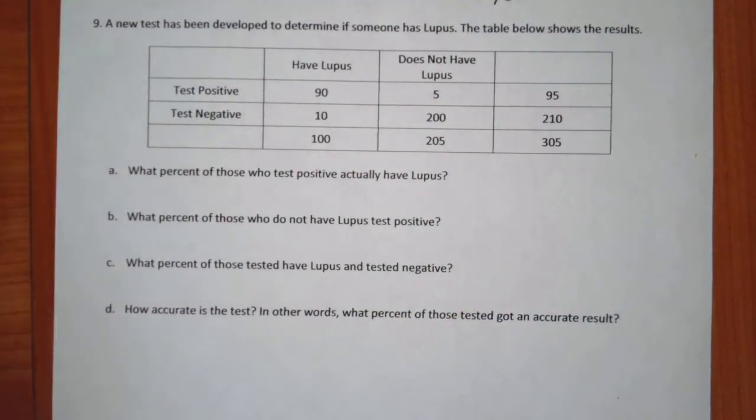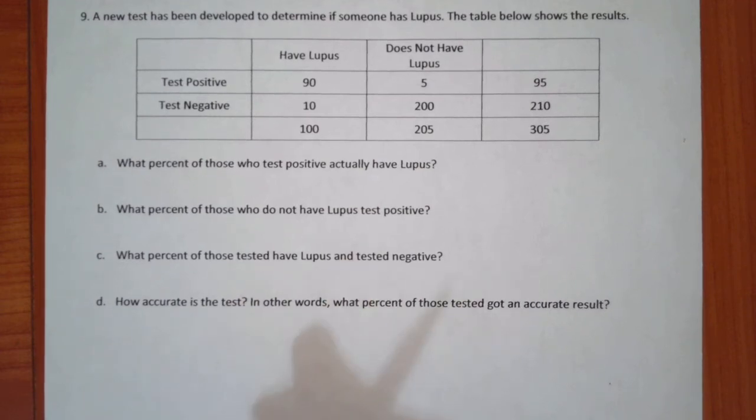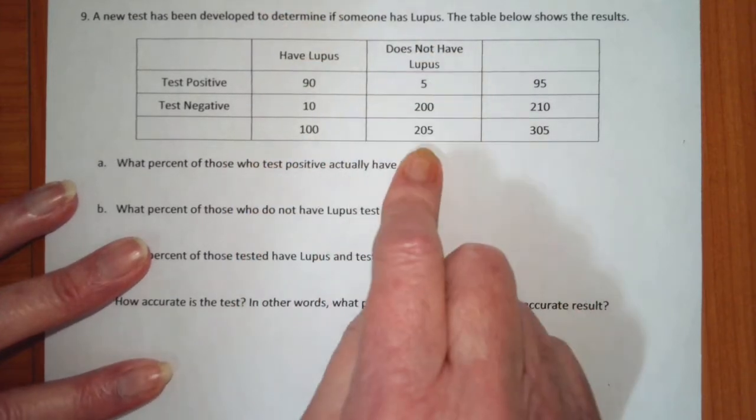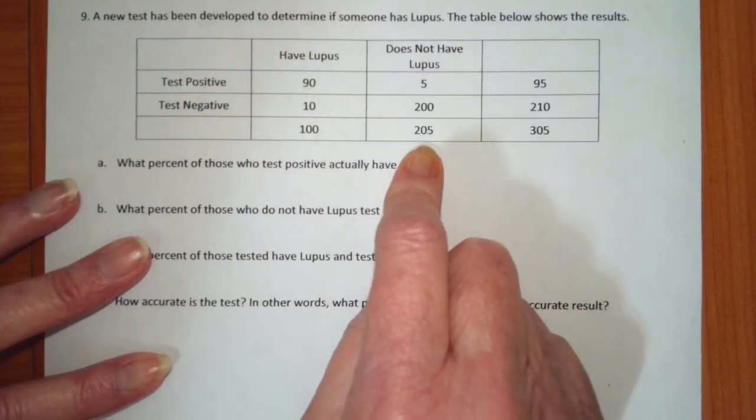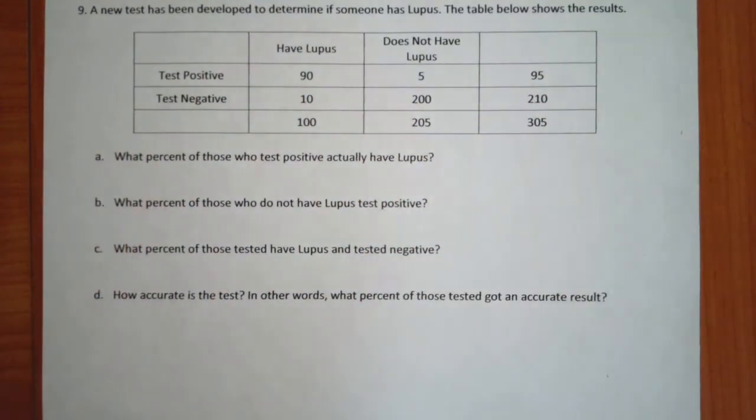Okay, so a new test has been developed to determine if somebody has lupus. The table shows the results. So we've got the disease: the people who have it, the people who don't have it. And then we have the test results: those who tested positive and those who tested negative.